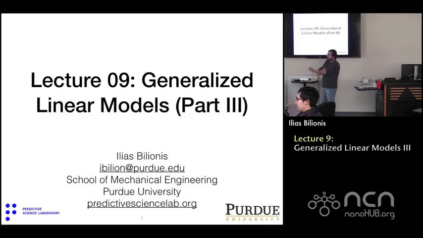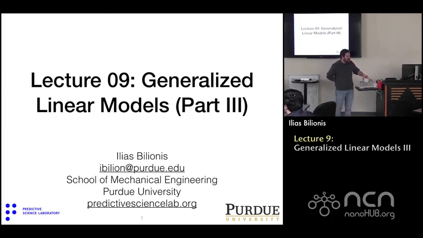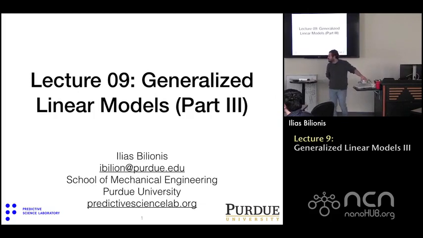So today's the third lecture on generalized linear models. I'm going to say a few more things about Bayesian linear regression. I'll show you a little bit of the graph notation, which you can use to represent relationships between random variables, and in particular causal relationships between random variables, and it's extremely useful.